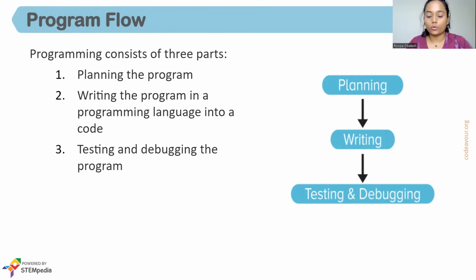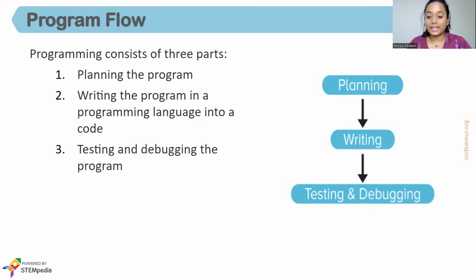Now, writing the code. To write the code, there should be an environment where you can write the script, and then you run it. Once you run it, you test it. Is the output matching what we planned before? Is it the expected output? If not, we will debug it, and then we will get the output.